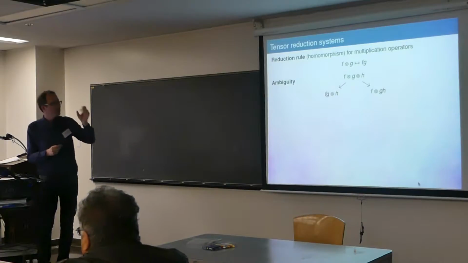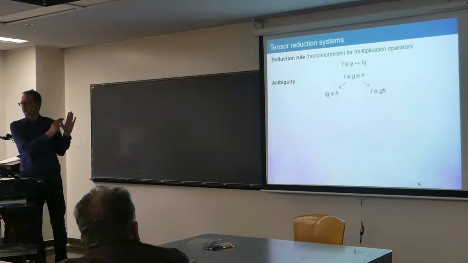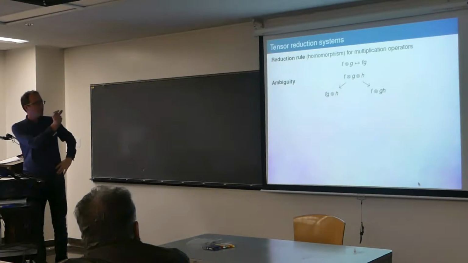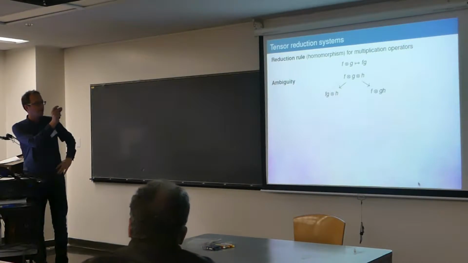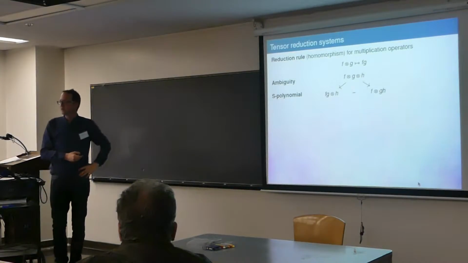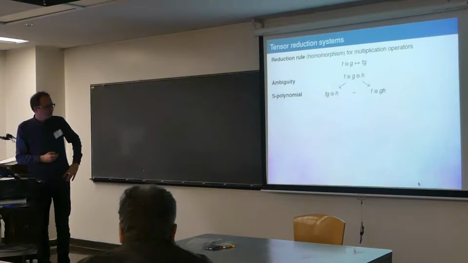So if we have a triple product here, then we can apply the rule on the first two tensors, and this is one reduction step, or we can do the reduction on the second step. And the difference between these two things in the reduction system is called an S polynomial, a generalization of an S polynomial.